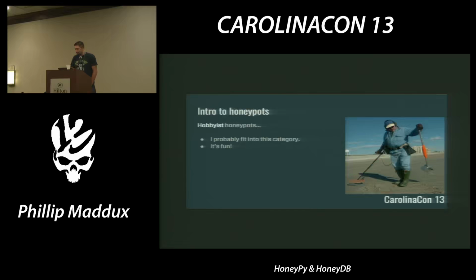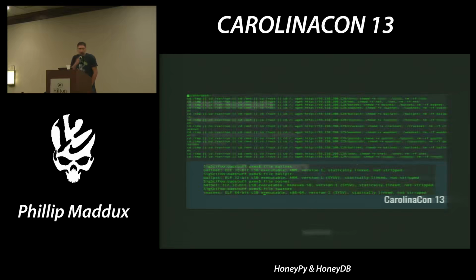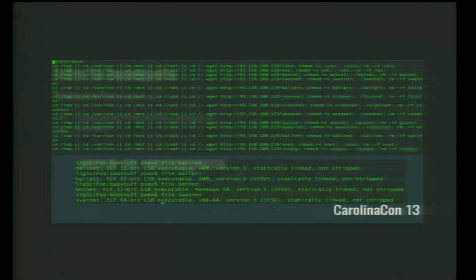So cool. All right, so I have a couple of examples. This is an example, I think it came from a telnet brute force, where they brute force into telnet, and then they put a script on the file system and execute it. And so up the top part, and I apologize, it's kind of hard to see, but it's the shell script that's just going out to download other malware to execute and run on the system.